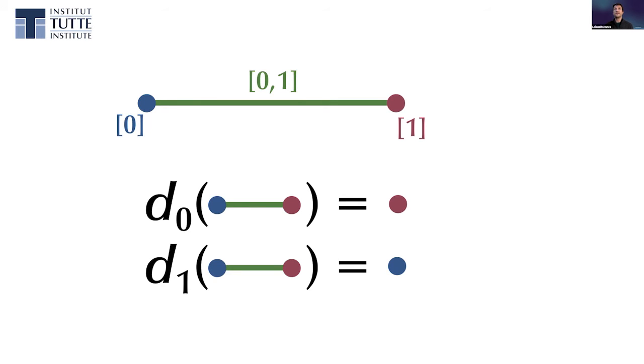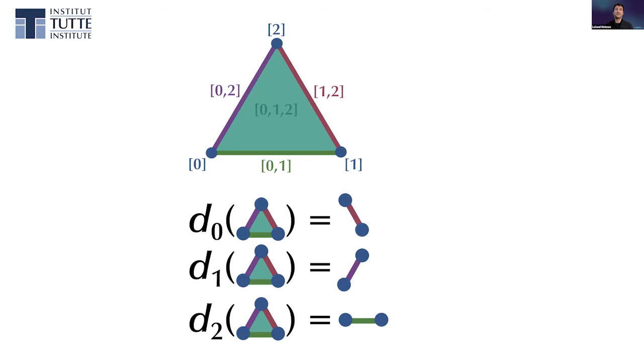So the 0th face map of this blue-red thing, we just leave out the 0th item, the blue vertex, we just end up with a red vertex, and so on. We can do the same with 2 simplices and leave out various different 0 simplices and get just the 1 simplices that bound it in turn.